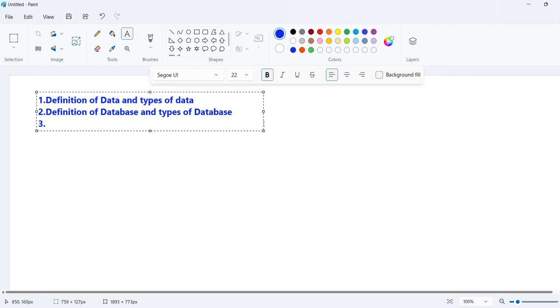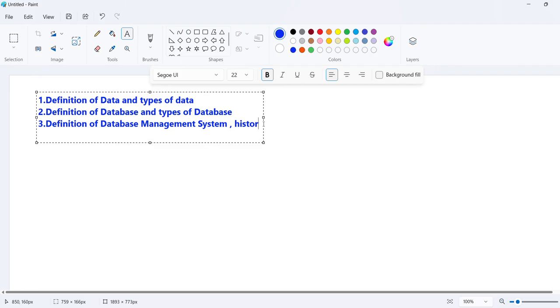Then we will discuss the definition of database management system and the history of database management system.